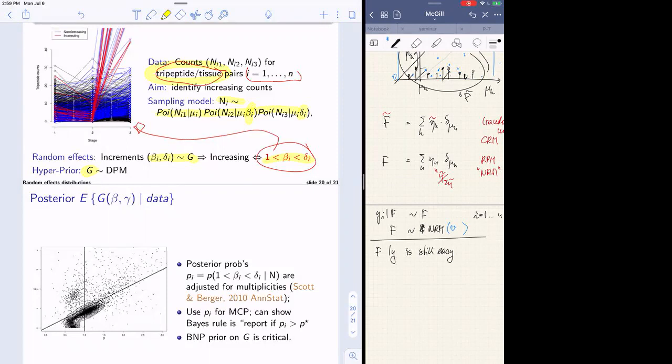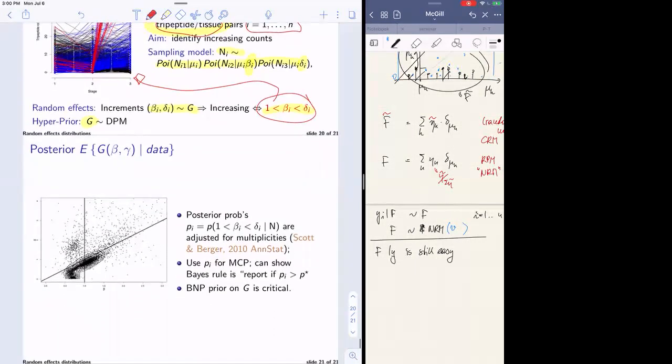If we were to use a standard thing for the random effects distribution, just a bivariate normal, we would totally miss the issue, because here this is the beta and this is the delta. Remind you again, we are after delta > beta > 1. So we are actually after these guys. These guys are the red spaghetti of interest.